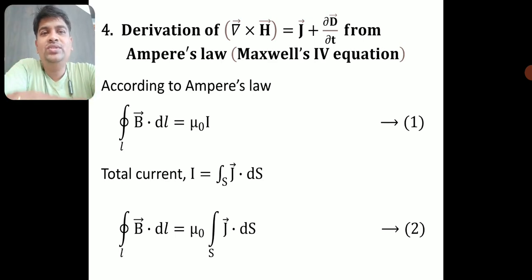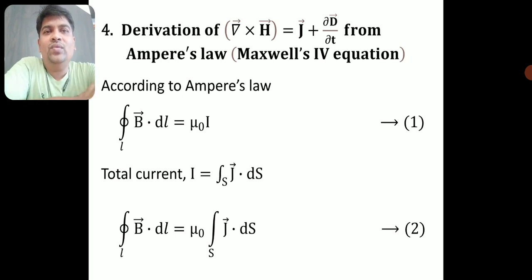That is, the line integral of B dot dl, which is the magnetic flux over a closed path, equals mu naught times I. This is Ampere's circuital law. Let us call it equation 1.